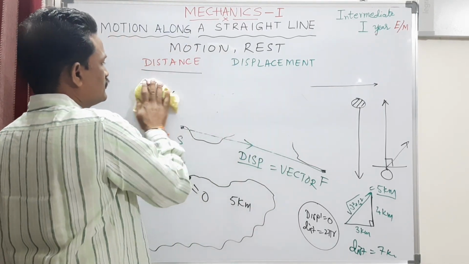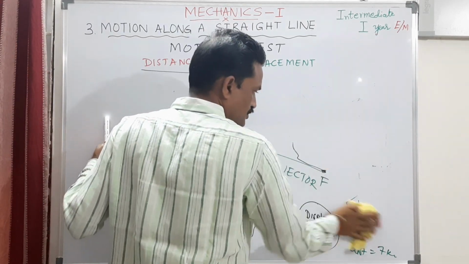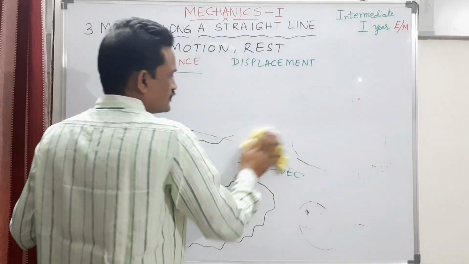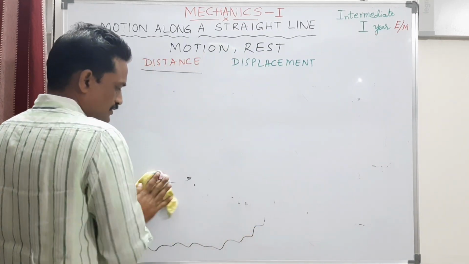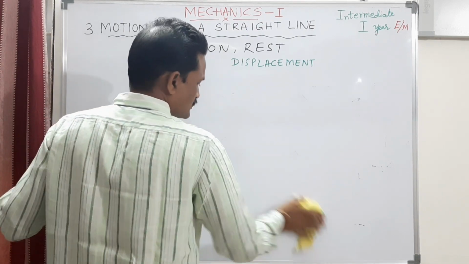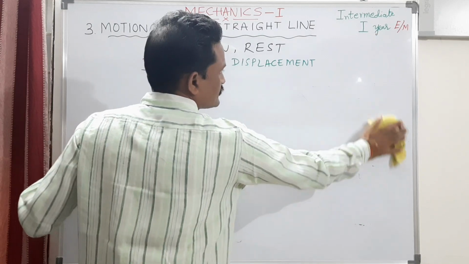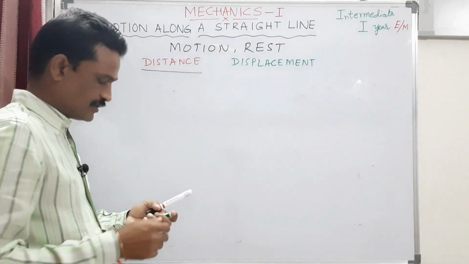Now, we will try to differentiate two more basic terms related to motion. They are speed and velocity. But in our daily life, we don't use velocity. We all the time use speed only, right? Like distance, we use it in our daily life.